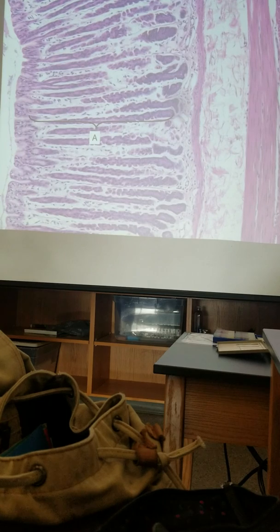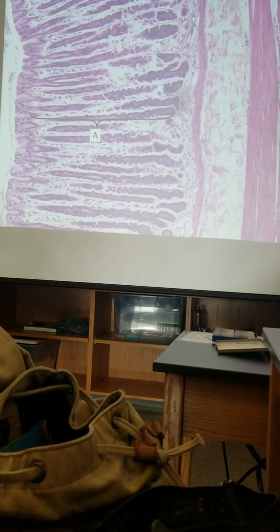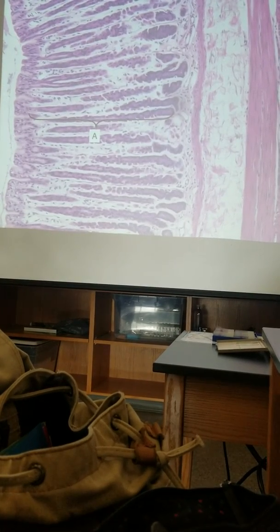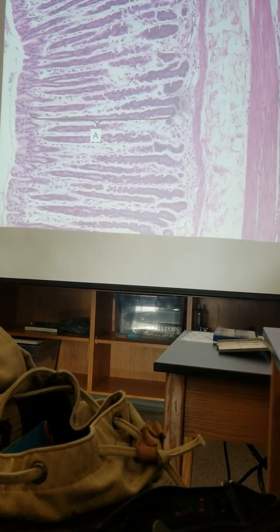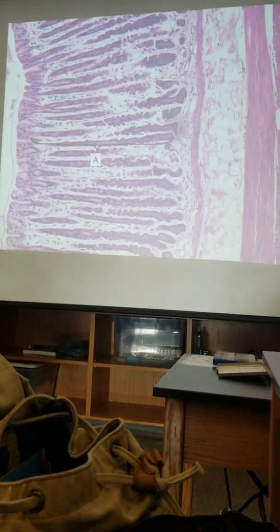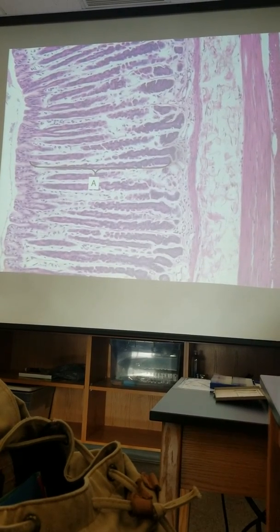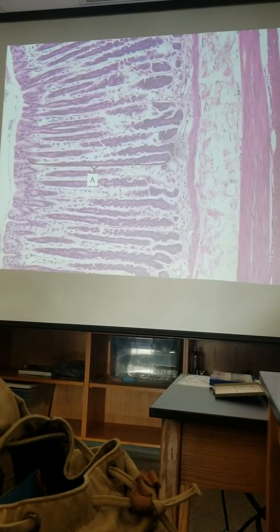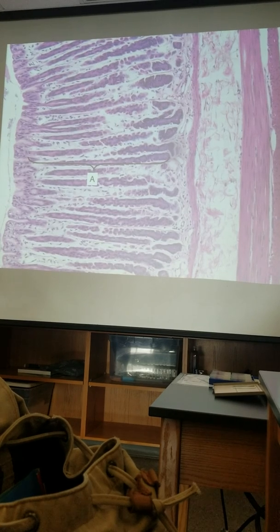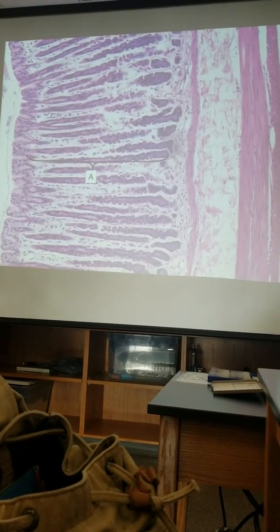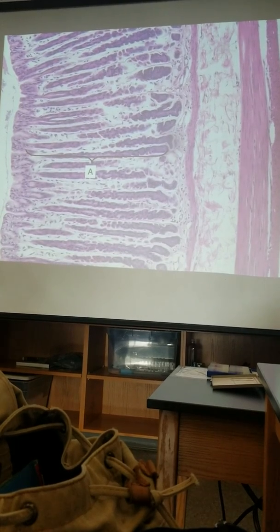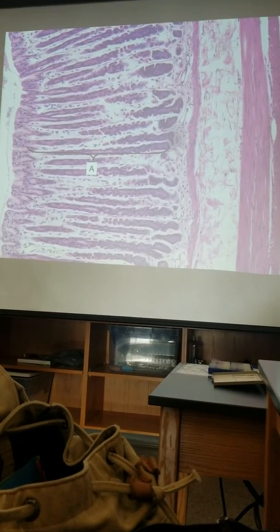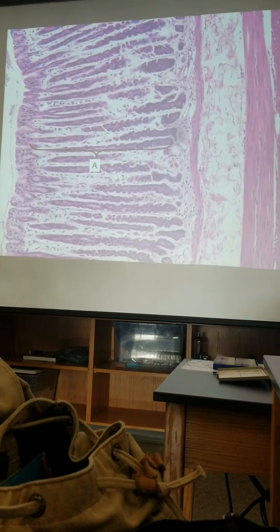HCl, pepsinogen. Anybody go with intrinsic factor? I think I mentioned it in lecture, but not in lab. It's important for vitamin K absorption in the intestine, and consequently it's related to that pernicious anemia story that I told you a little bit in lecture.